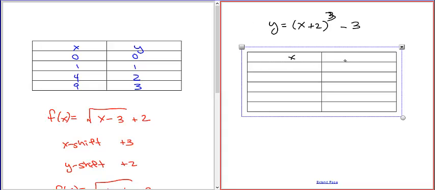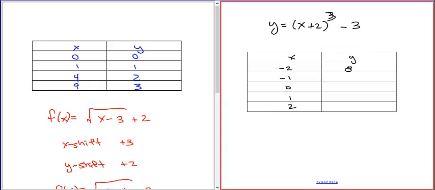So you'd have x versus y, and you'd do negative 2, negative 1, 0, 1, and 2. Negative 2 cubed is negative 8, sorry. Negative 2 cubed is negative 8. That's negative 1, 0, then positive 1, positive 8.